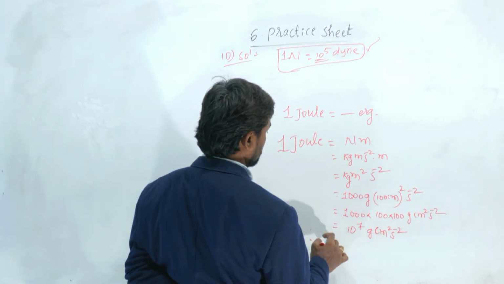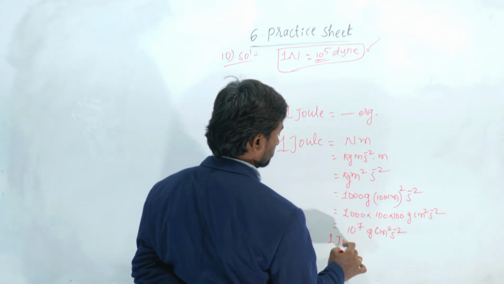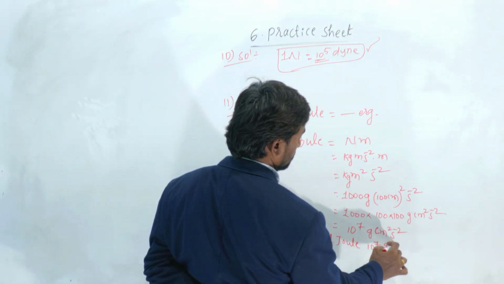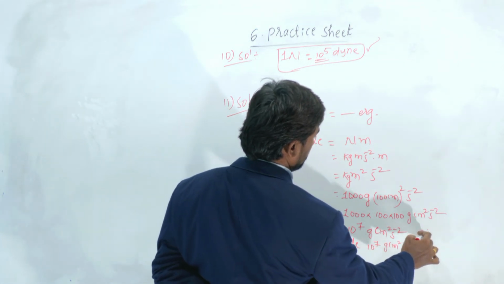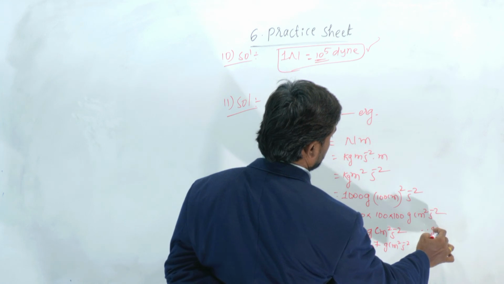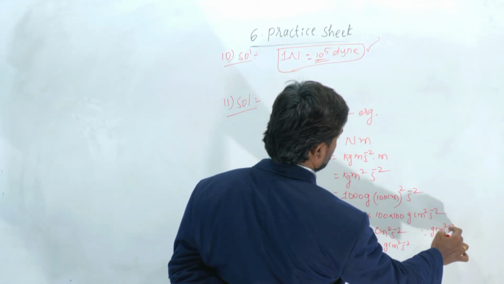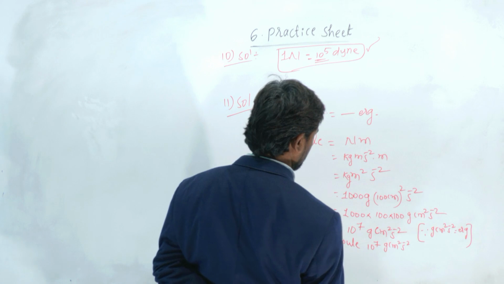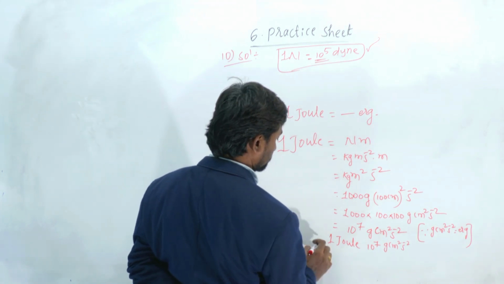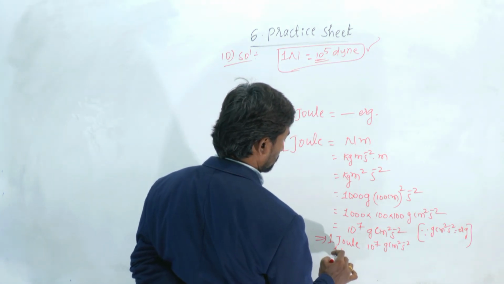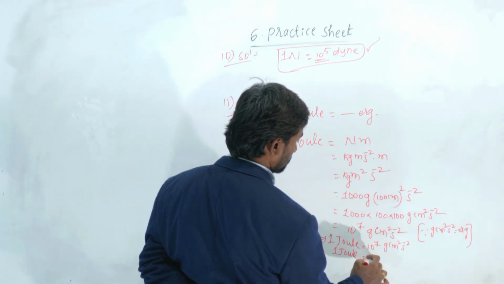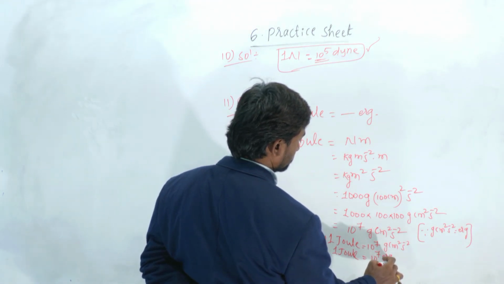Therefore 1 joule is equal to 10 to the power of 7 gram centimeter square per second square, and gram centimeter square per second square is nothing but erg. So we can write 1 joule is equal to 10 to the power of 7 erg.